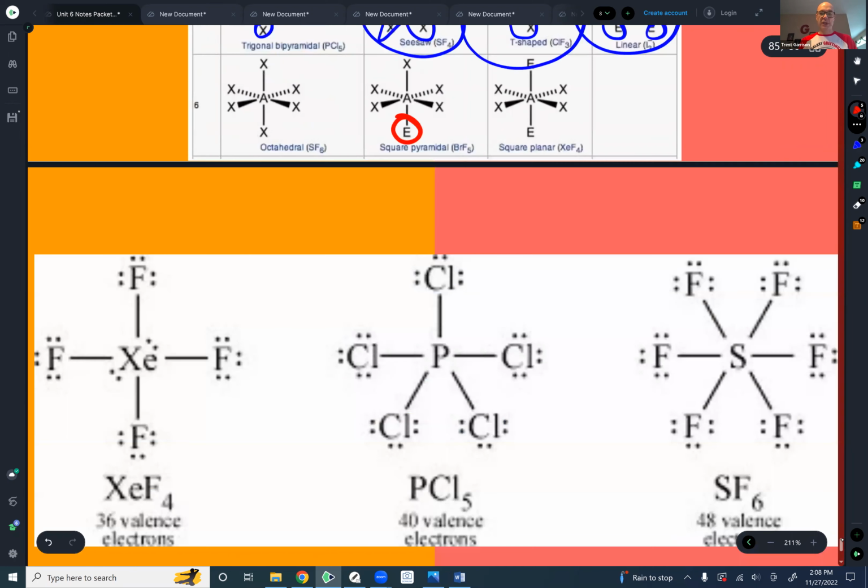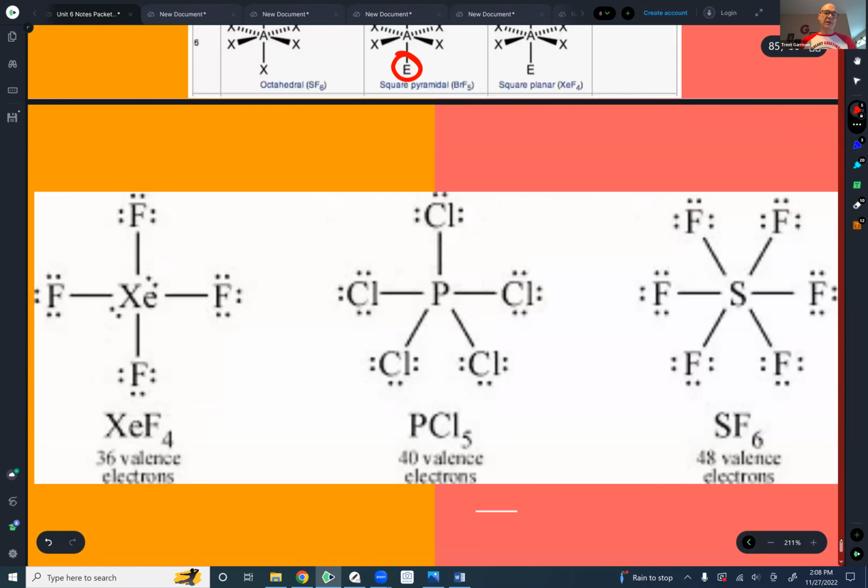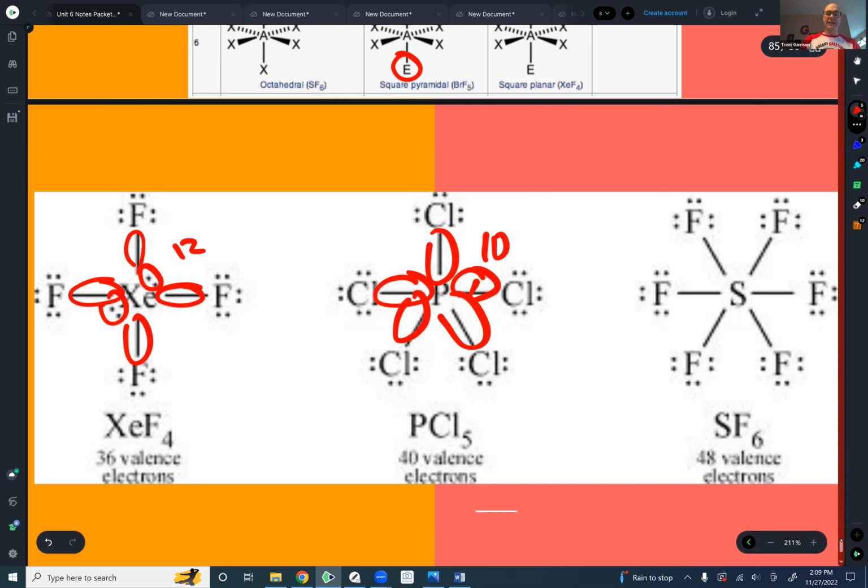Okay, so here are a couple of examples of these expanded octets, each one of them having more than the necessary normal 8, because if we look at each one of these bonds, that's 2, 4, 6, 8, 10, 12 electrons, 2, 4, 6, 8, 10 electrons, and 2, 4, 6, 8, 10, 12 electrons.